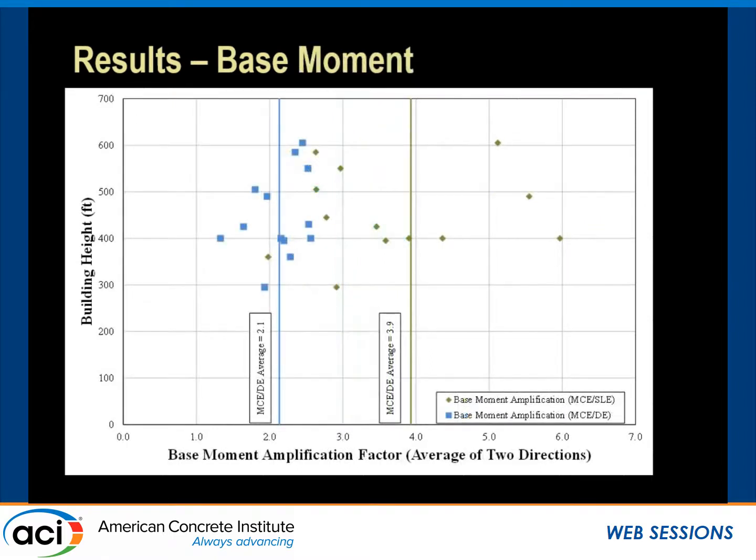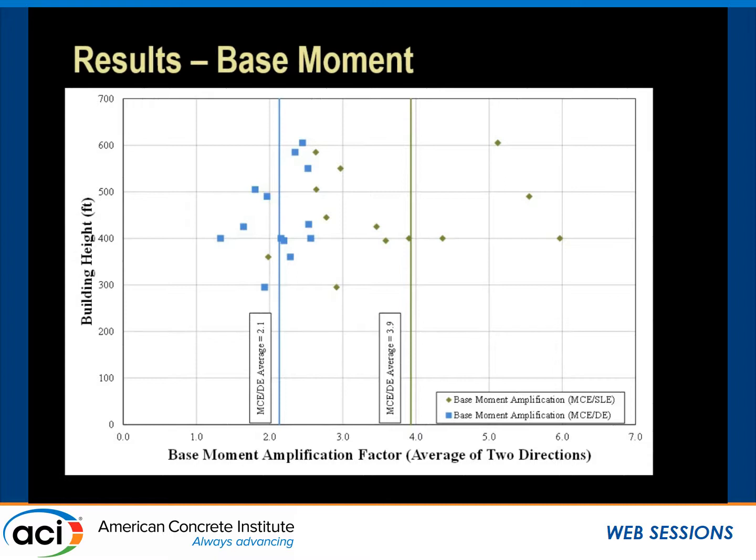Here are the same results for base moment. Again, there's no clear relationship between base moment amplification and height. As Tom pointed out, the moment amplification factors are a little bit lower than the base shear amplification, mostly due to expected moment strength and higher mode effects.